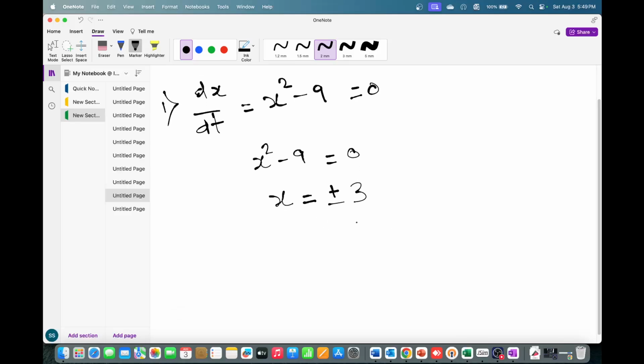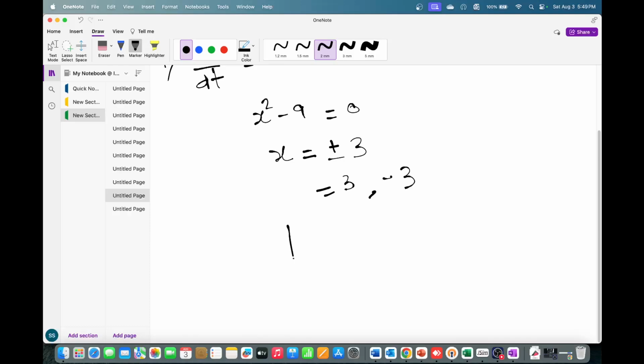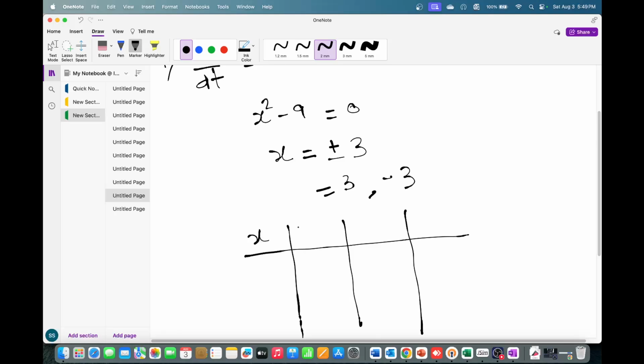So your steady state is at both plus 3 and minus 3. Now you want to check which is the stable one among these two. Do the tabular method, that is the simplest one that you can follow. You have x, you have dx/dt, you have sign, and you have the arrow.